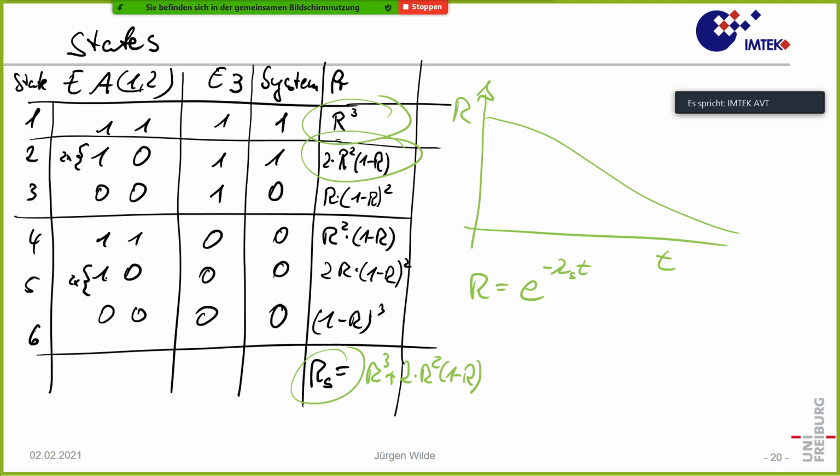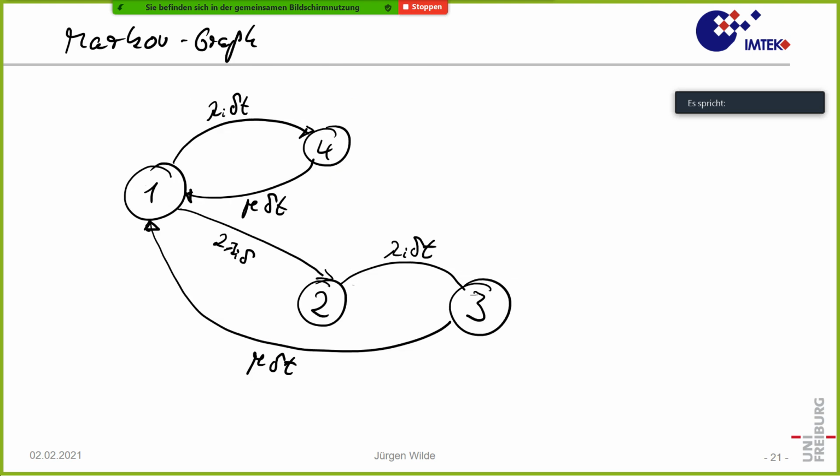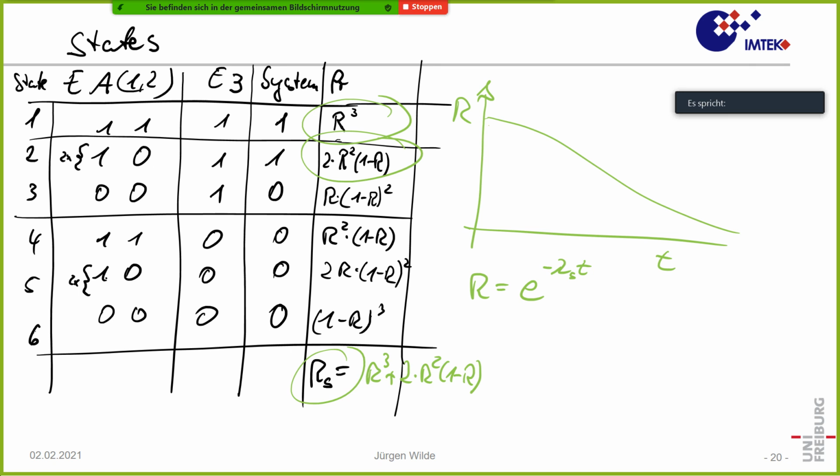When we are in state 4, of course, we can come to state 5. And the transition again would be lambda E dt, because from 4 to 5, it would be 2 possibilities.